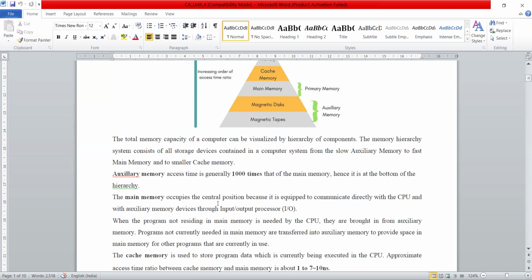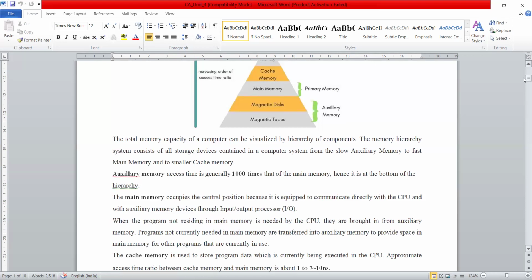The main memory occupies a central position because it is equipped to communicate directly with the CPU and with auxiliary memory devices through input-output processes. When a program not residing in main memory is needed by the CPU, it is brought in from the auxiliary memory. And the programs not currently needed in main memory are transferred into auxiliary memory to provide space in main memory for other programs that are needed.